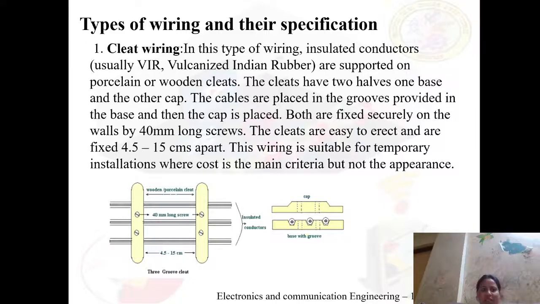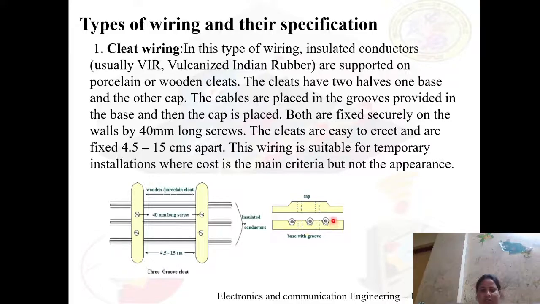First we'll consider cleat wiring. In this type of wiring, the insulated conductors are supported on wooden cleats or porcelain cleats. This is the structure of cleat wiring, and the cleat has two holes.